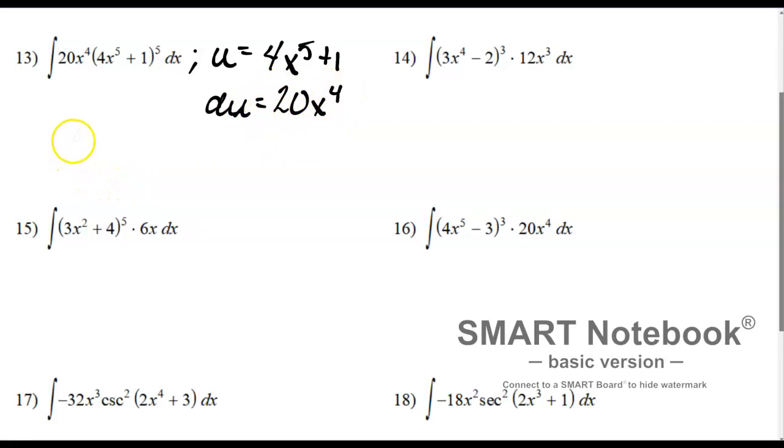Let's start rewriting this in terms of u. We're going to have u to the 5th, and I need 20x to the 4th. Actually, it's already there. dx. So it's all set up for me.